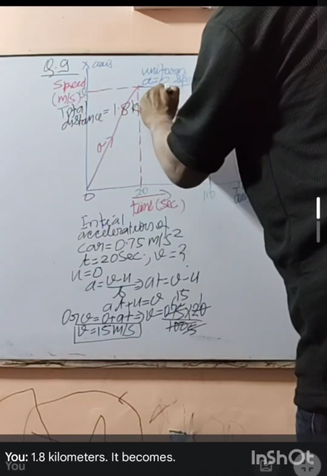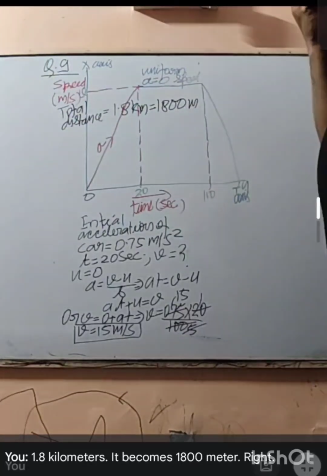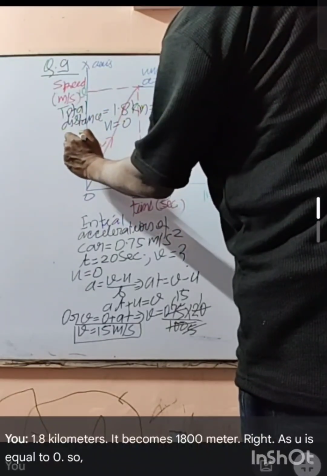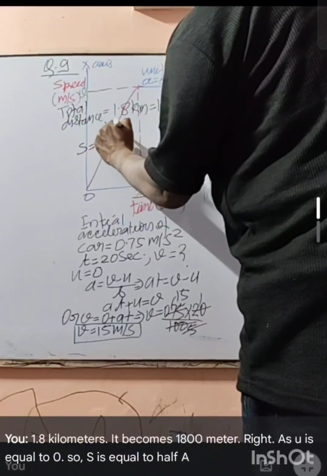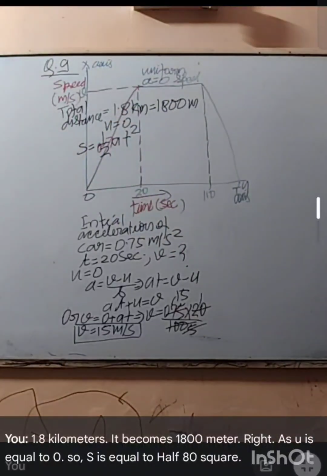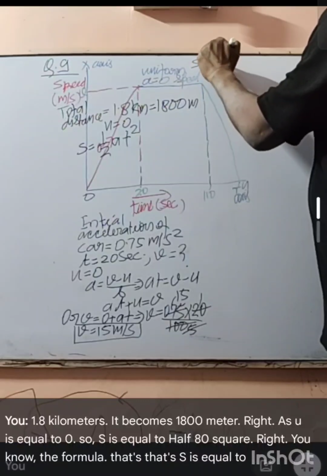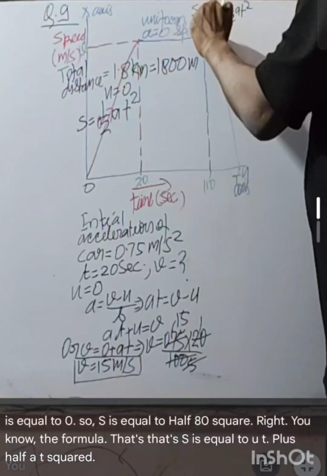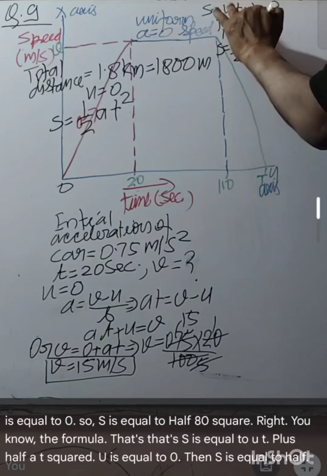It becomes 1800 meters, right? As u is equal to 0, so s is equal to half at square. You know the formula: s is equal to ut plus half at square. If u is equal to 0, then s is equal to half at square.